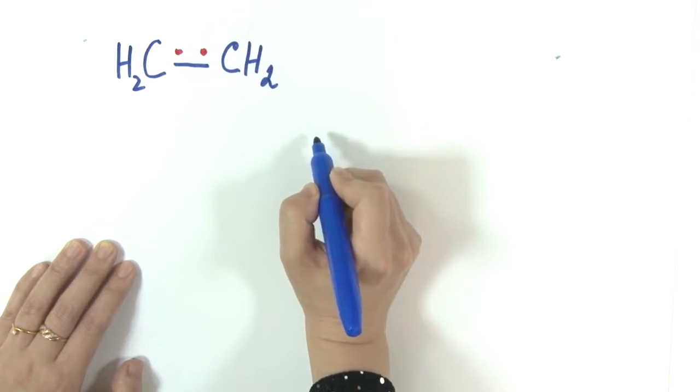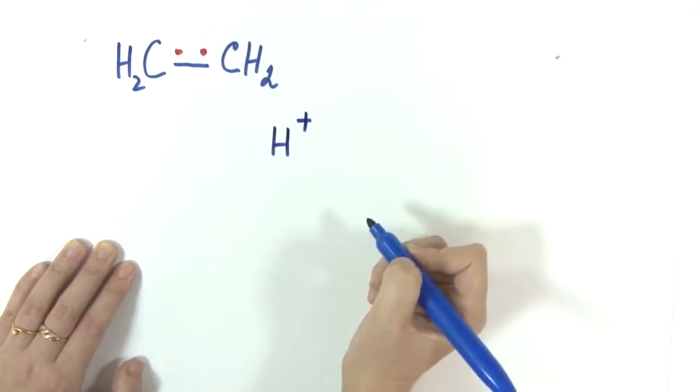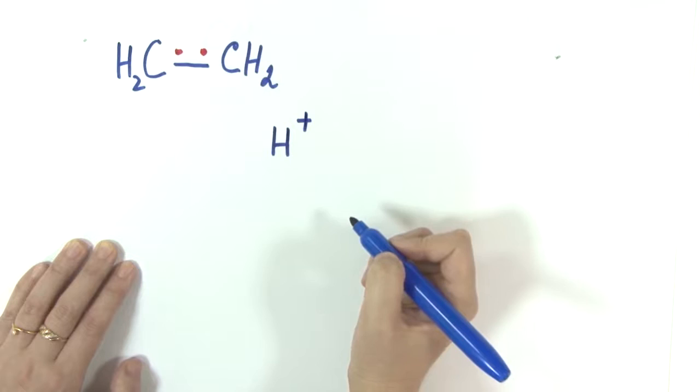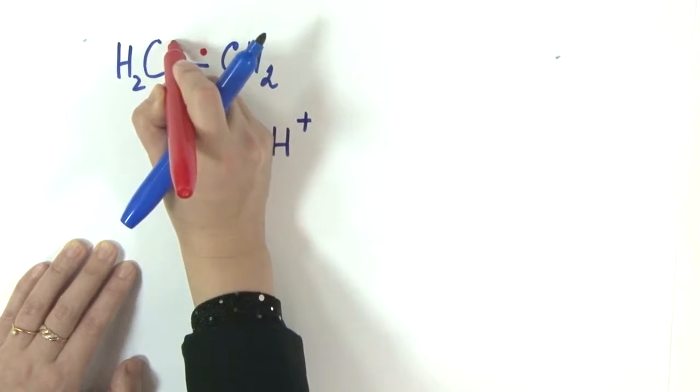By the influence of the proton, which comes from the catalyst, as you know, phosphoric acid, the pi bond is broken heterolytically.